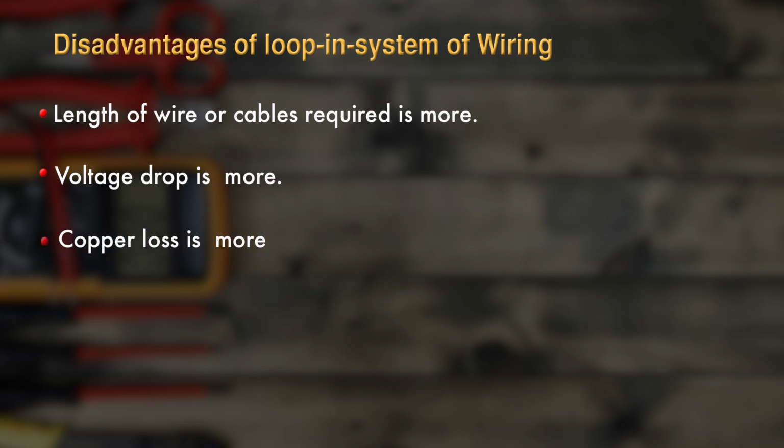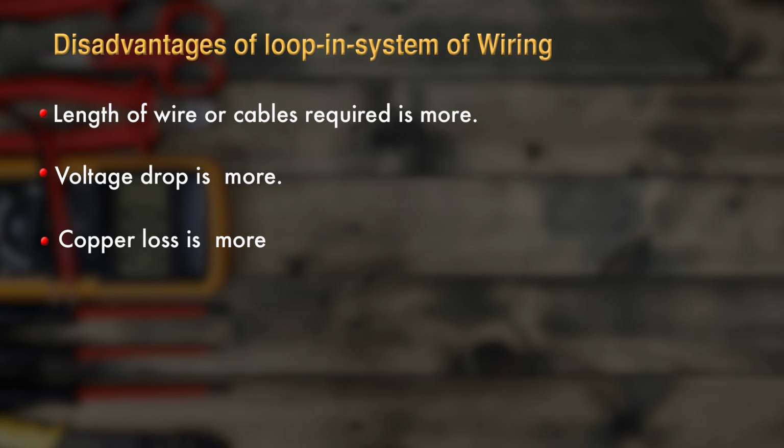And the third disadvantage is that copper losses are more in the loop-in system of wiring. The reason is that the length of wire or cable is more. As length increases, the resistance of the wire also increases. If resistance of the wire is increasing, the copper loss, which is I square R, is also very high in the loop-in system of wiring.